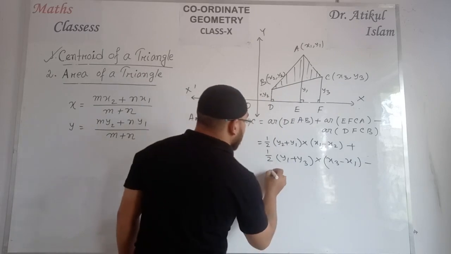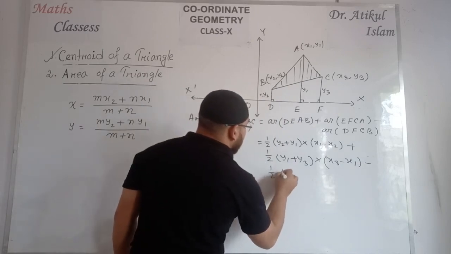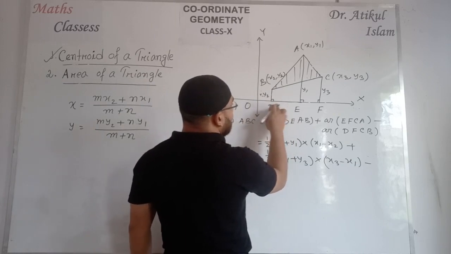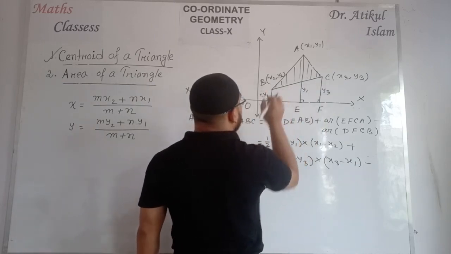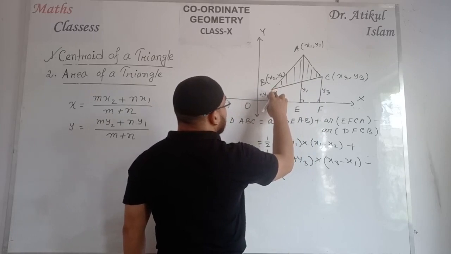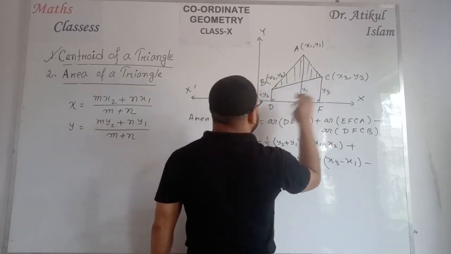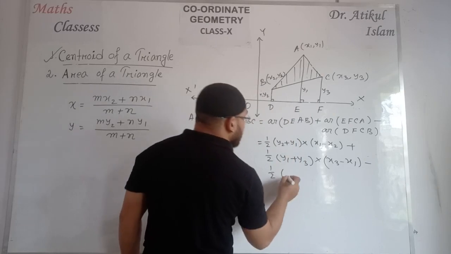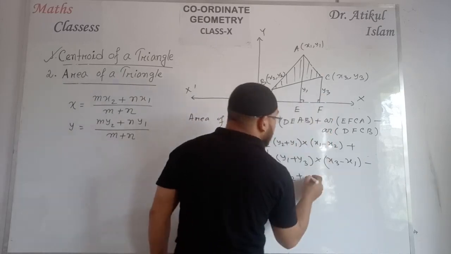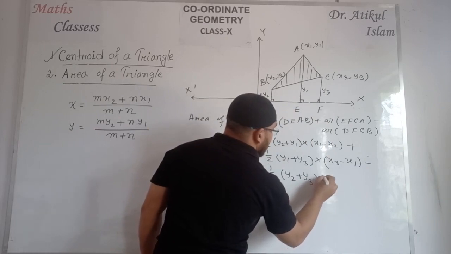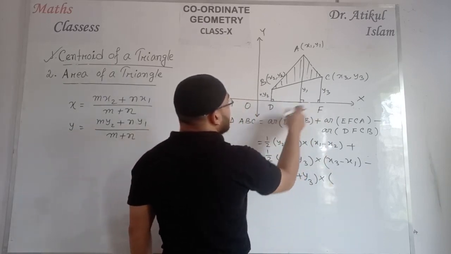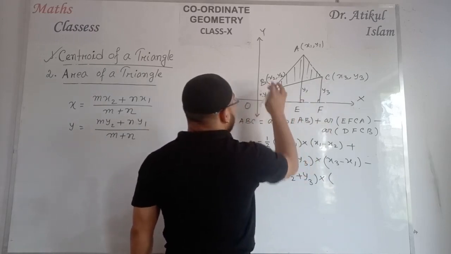Minus half into the area of the trapezium DFCB. Here the parallel sides are BD and CF. BD is y2 and CF is y3, and the height is DF, which is x3 minus x2.